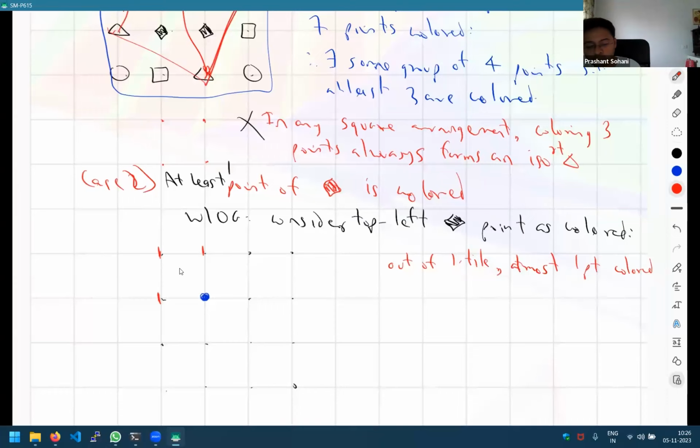Right? If two of these reds are colored, we are going to get a right angle triangle. Similarly, what about this tile? 2, 1, 2. I'm using this blue point cleverly as a pivot point, so that any triangle which is formed using the blue point will give me these kind of pairs, right?